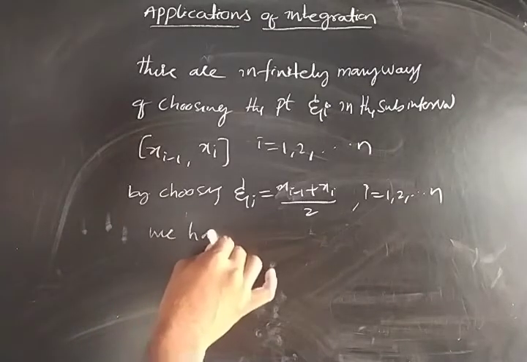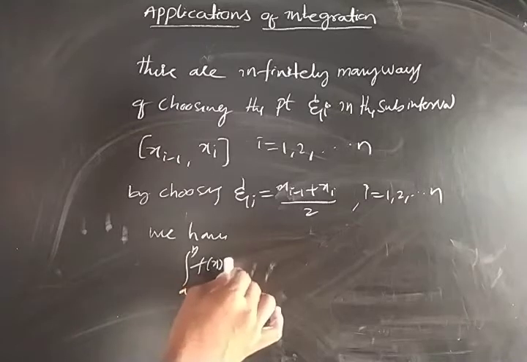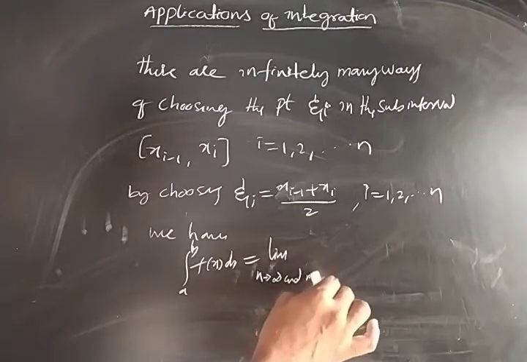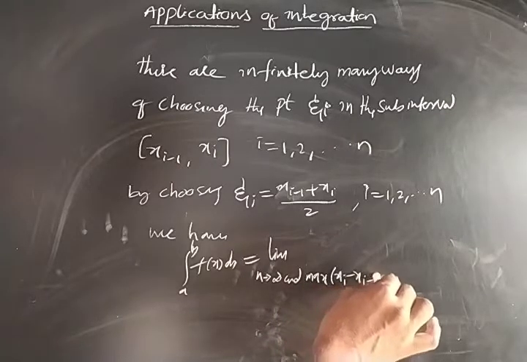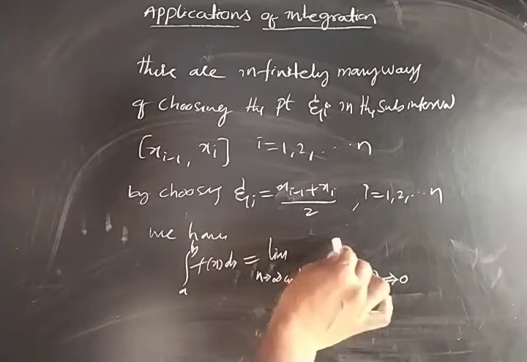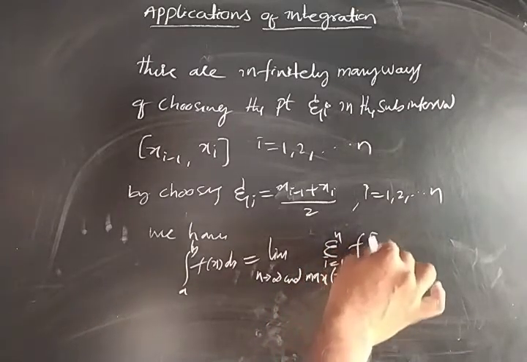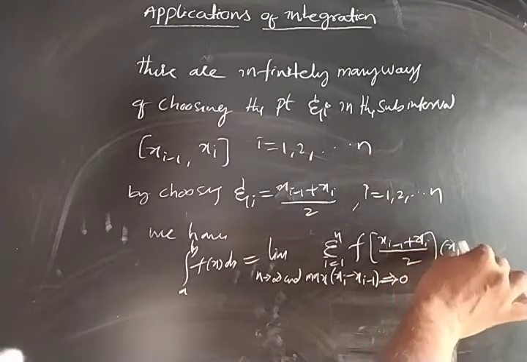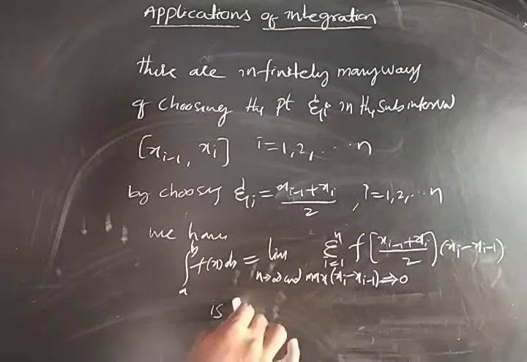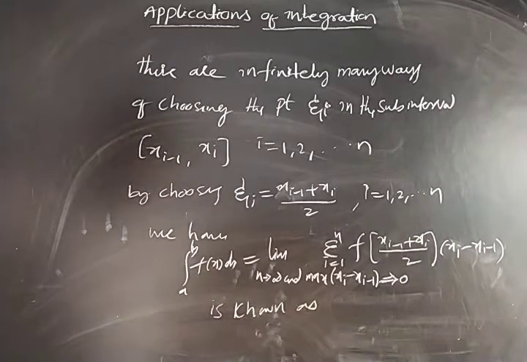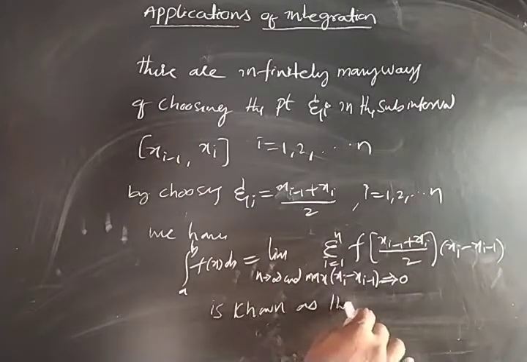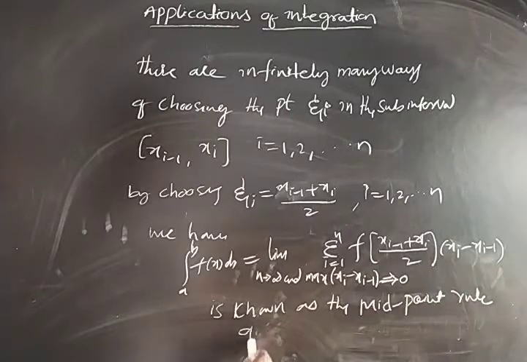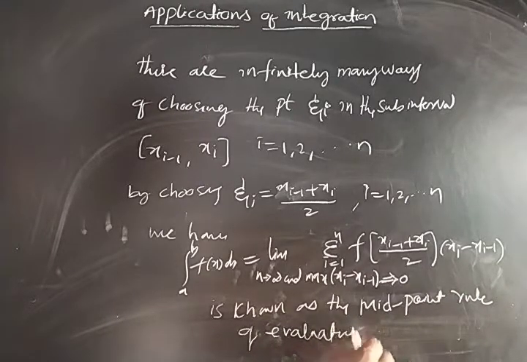We have the integral from a to b of f of x dx equal to the limit as n tends to infinity, and the maximum value of x i minus x i minus 1 tends to 0, of the summation i equal to 1 to n of f of x i minus 1 plus x i by 2 into x i minus x i minus 1, which is known as the midpoint rule of evaluating Riemann integral.